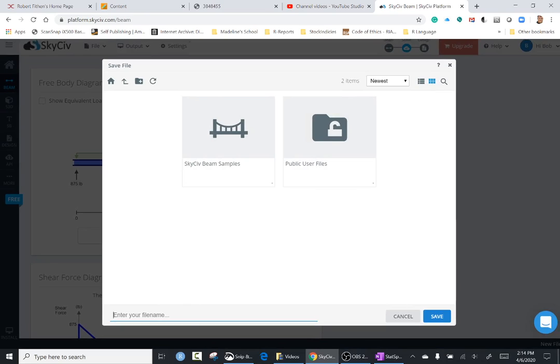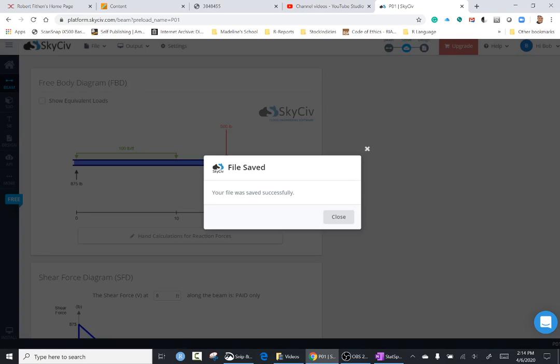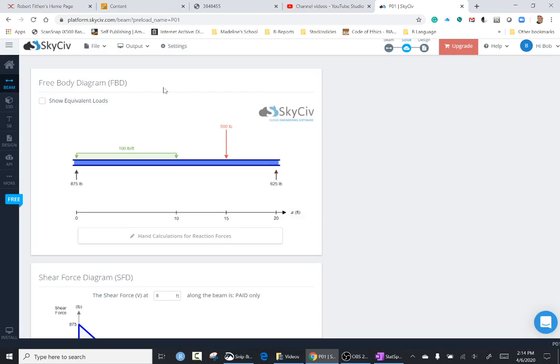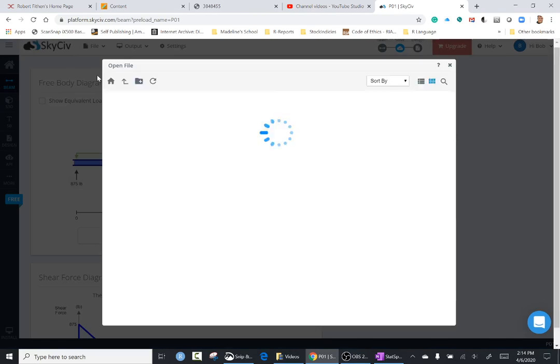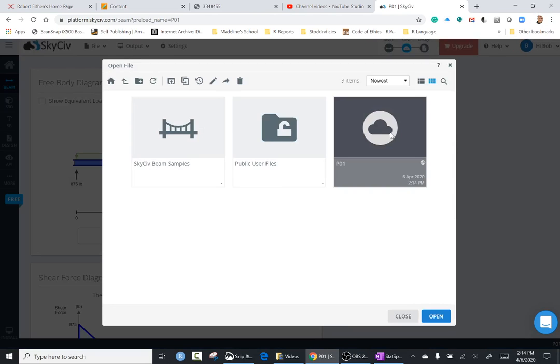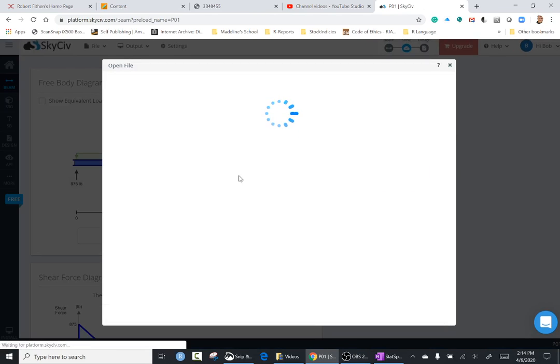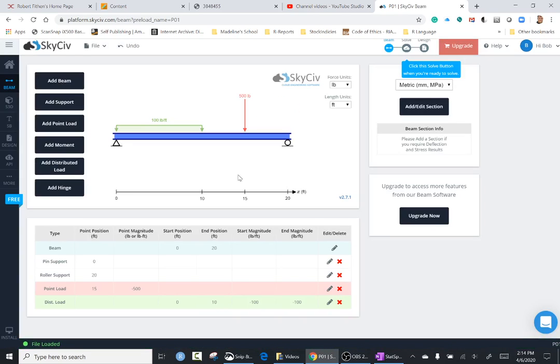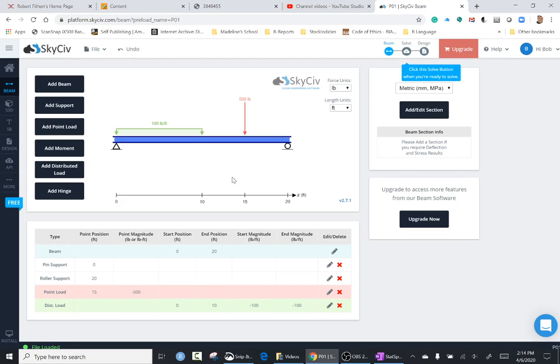Enter your file name, say PO1. Your file was successfully saved. Let's see if I can open PO1. So it looks like I can open this file. Alright, now that I've got that open, here's what I'm going to do.